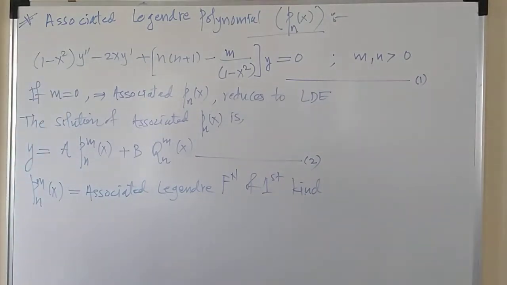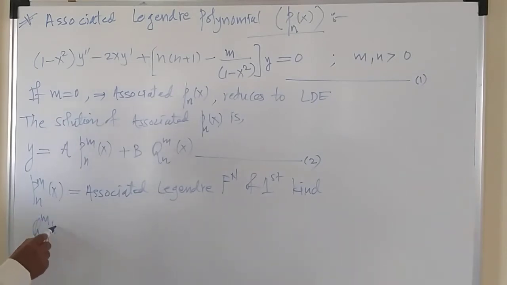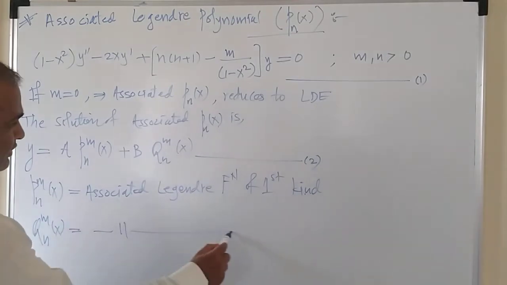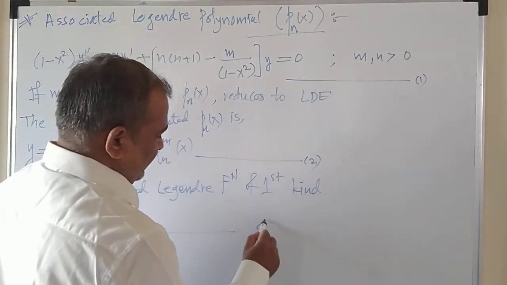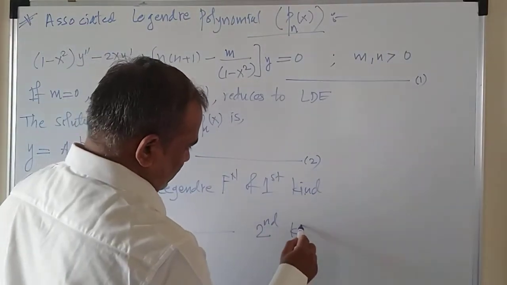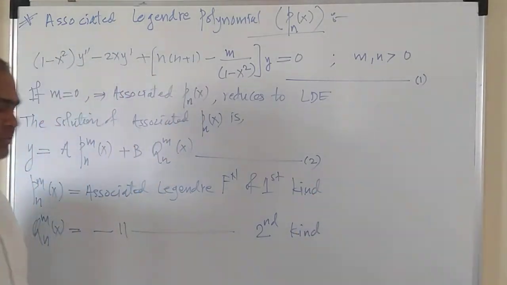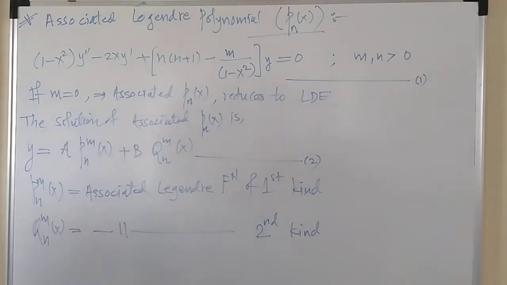Similarly, Qn m of x is called the associated Legendre function of second kind. And both have a relation, so let us write those relations.